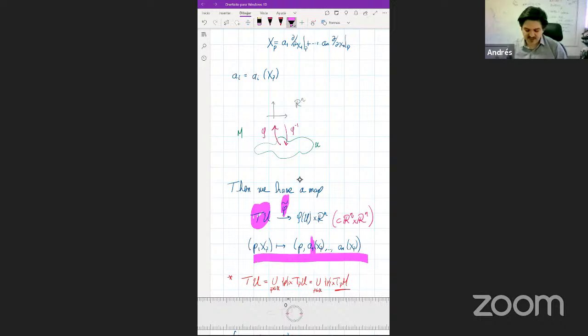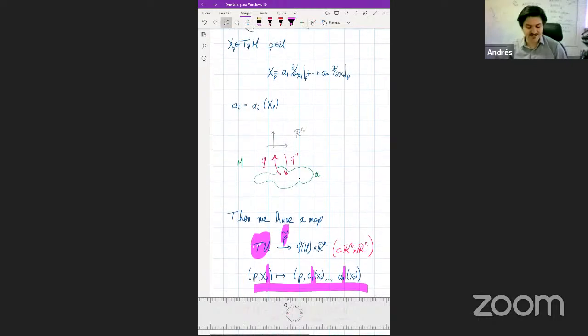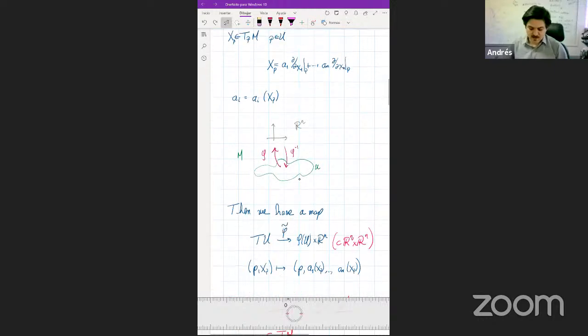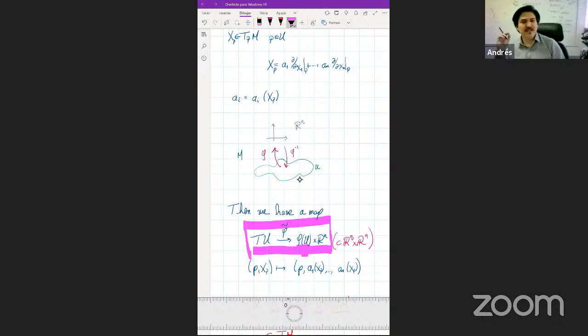These are the coefficients of the vector which is written in the coordinates d/dxi that are induced by the chart. Okay, now note that this map is a bijection.